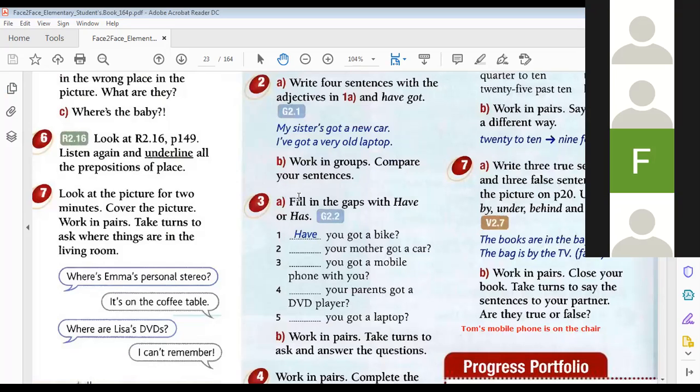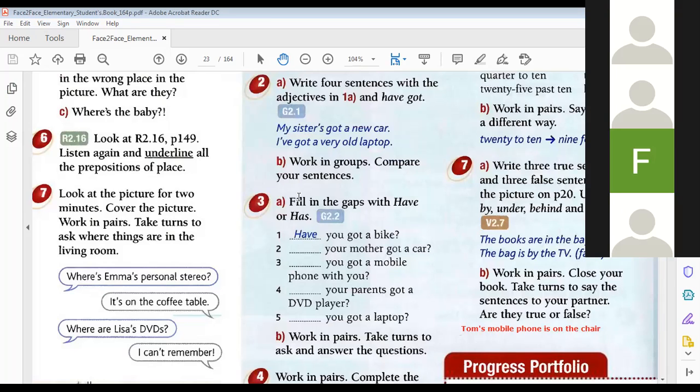And what's your second sentence? The cat is on the sofa. Okay. What do you think? Tom's mobile phone is false. It's on the sofa.